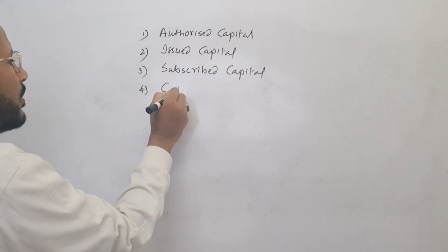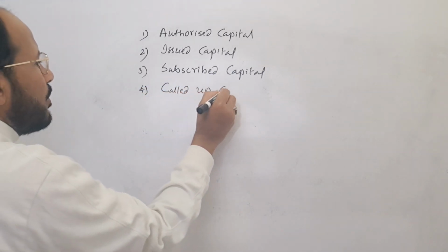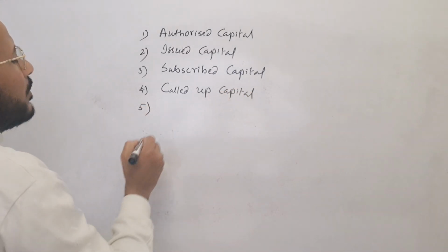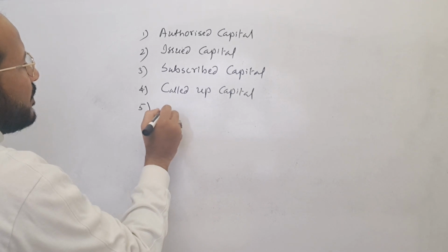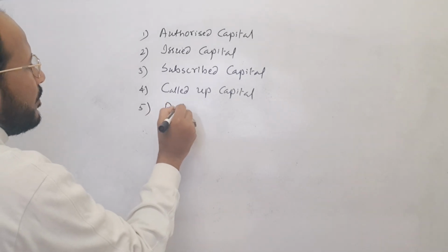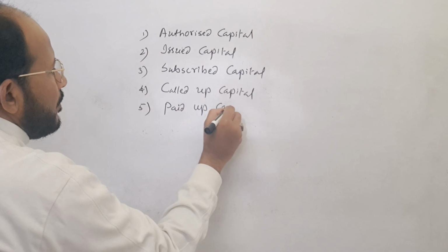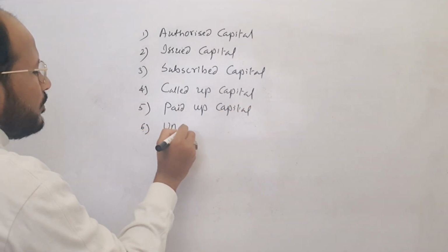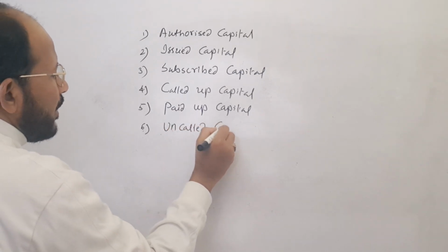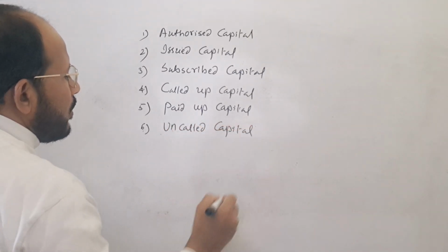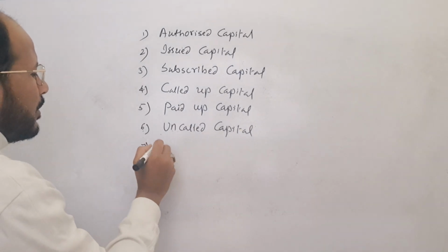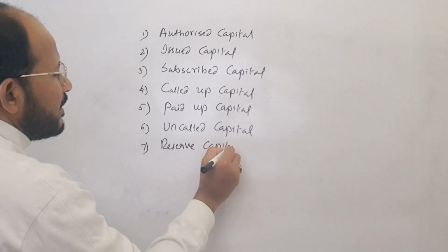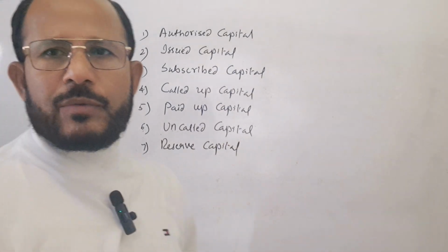Number 4, called up capital. Next one is paid up capital. Number 6, uncalled capital, reserve capital, etc. Try to understand. In brief, I am going to explain it.